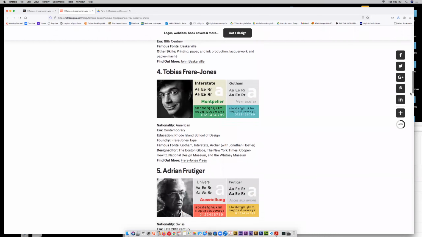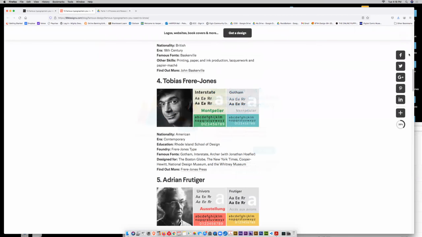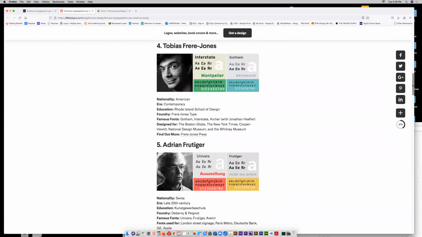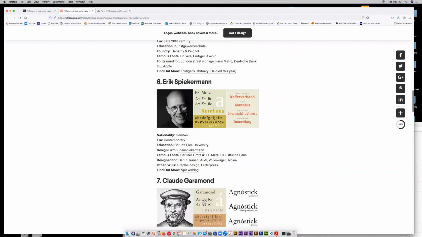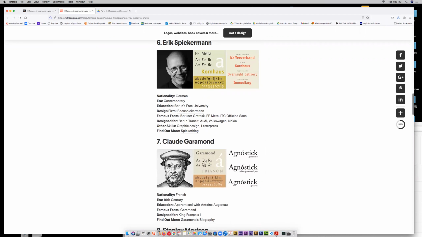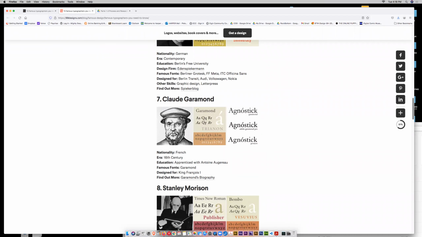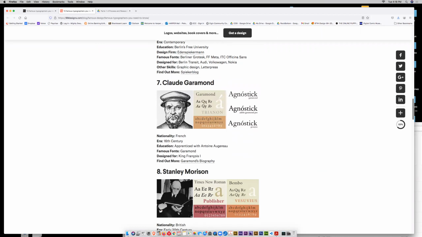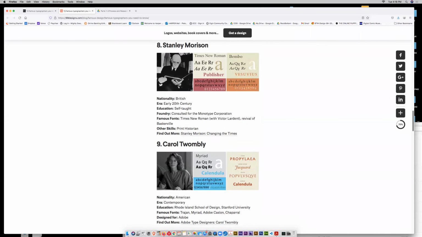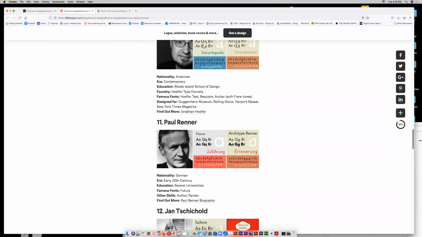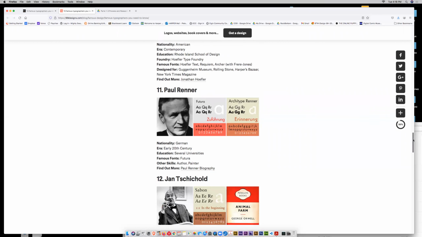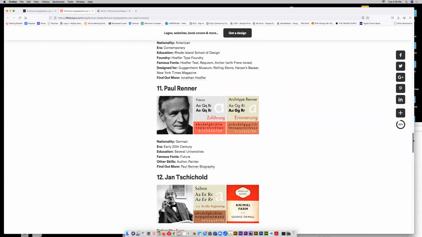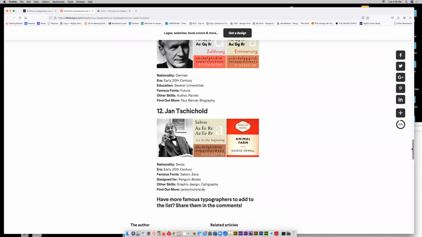Others are a little bit more modern. We talked about Adrian Frutiger last week. Let's see. So there's Garamond, but I don't necessarily know that offers a ton of extra information in your case, Kelly. I think you've got your bases covered there. There's Ranner, and again, I think that you probably are okay in terms of that as well. Cam, I think you've got that information well covered.